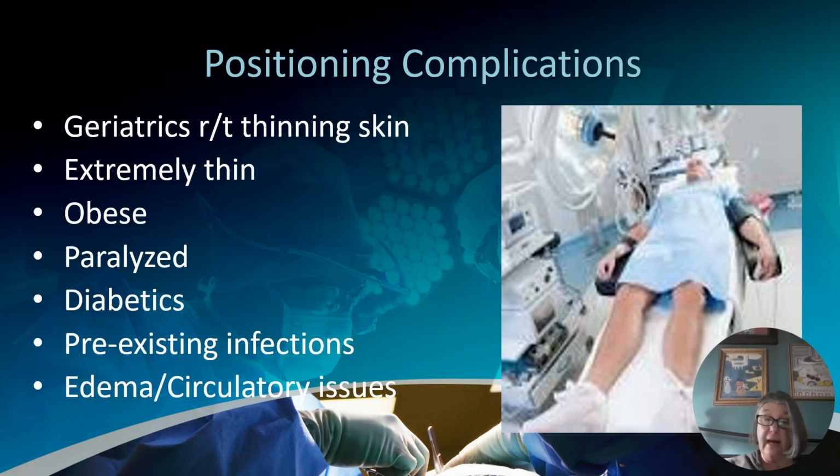Paralyzed patients, diabetics, anybody who's going into surgery with a pre-existing infection. When we have infections going on, a lot of fluid has been shunted to our tissues, which makes them at greater risk of breakdown. And then anybody who has edema or circulatory issues.